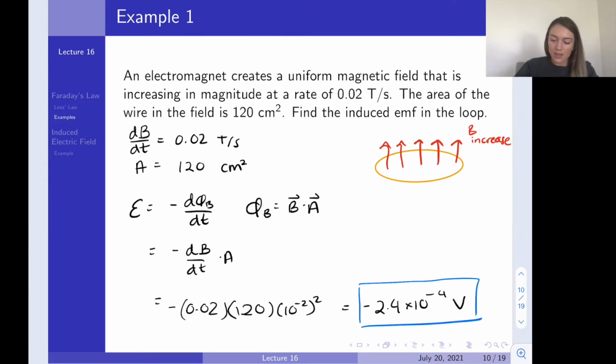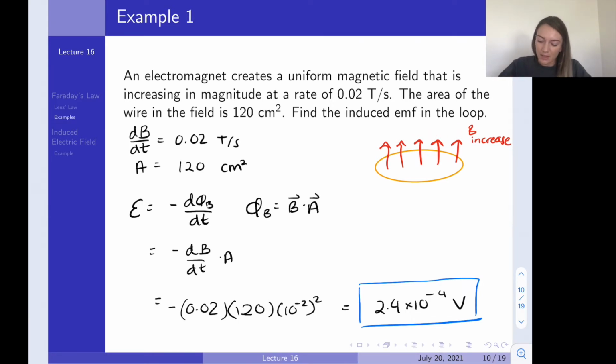Okay, so now the negative sign. So I personally sort of just ignore the negative sign in Faraday's law and then just use the right-hand rule to figure out what direction my EMF is in. So I personally think that that is the easier way to do it. So let's just forget our negative sign here, and then we'll just write on our diagram which way the EMF is induced.